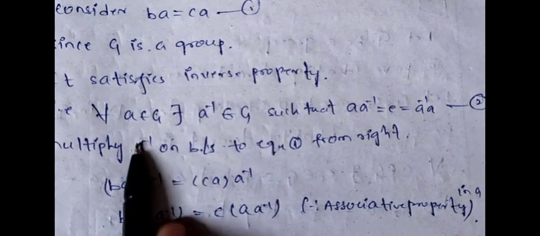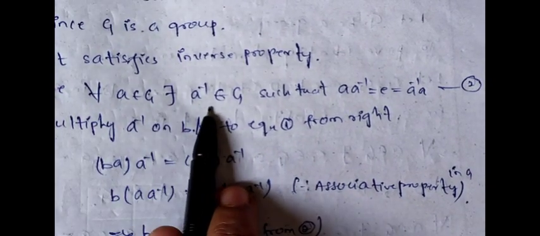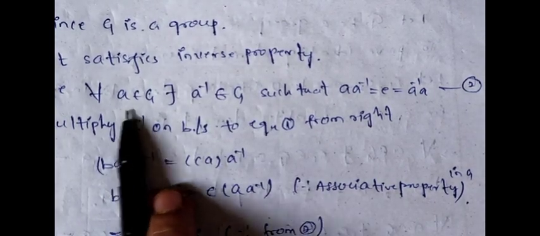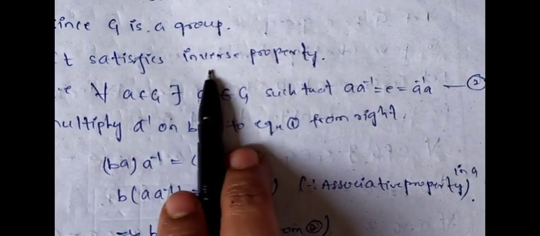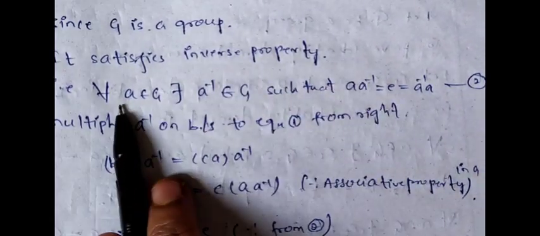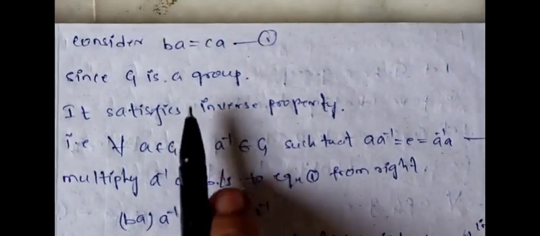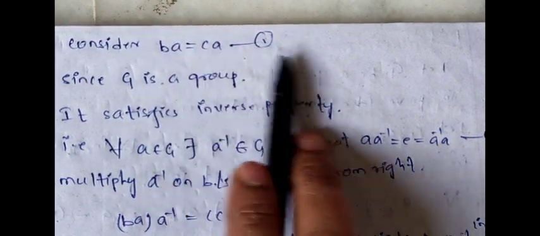So take any element A from G, then its inverse element also belongs to G, such that A into A inverse equals the identity element. That's why, since for every A an inverse exists, we can multiply A inverse on both sides from the right.